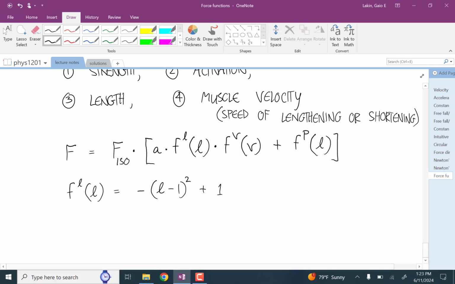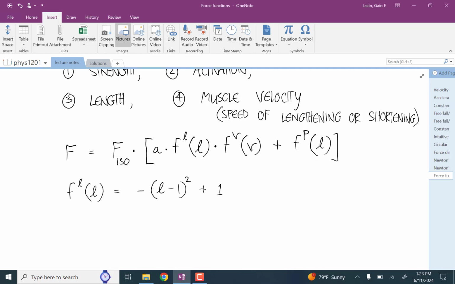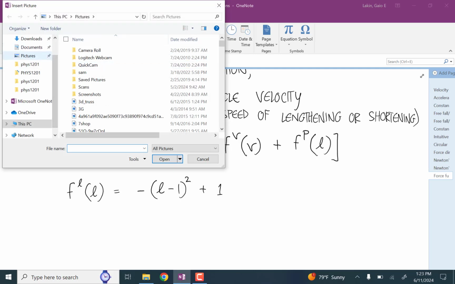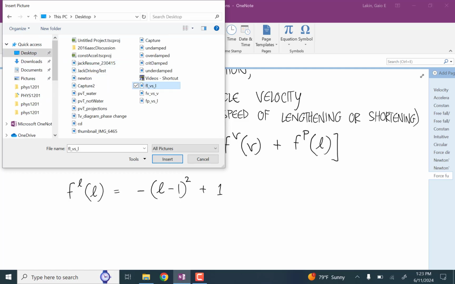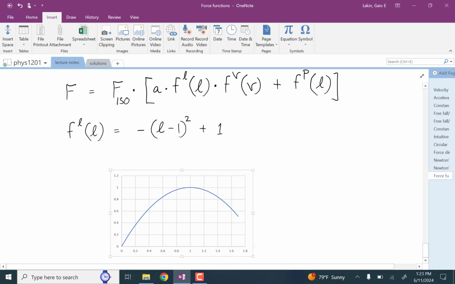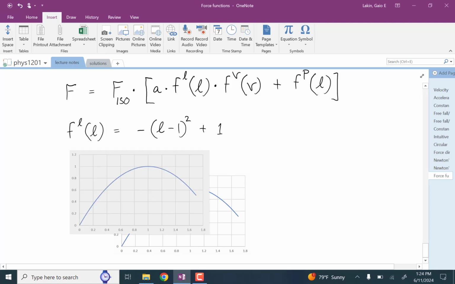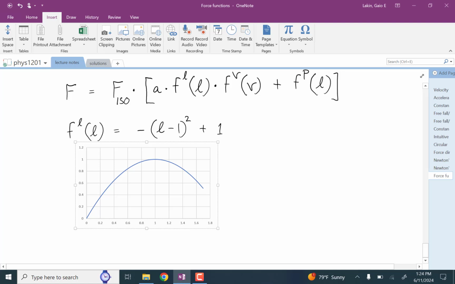And I'll show you sort of what that looks like. So let me get a picture. Okay, so that's what that function looks like.